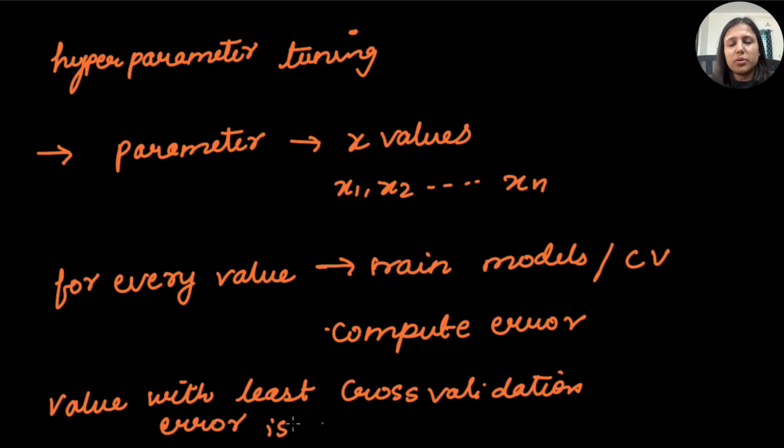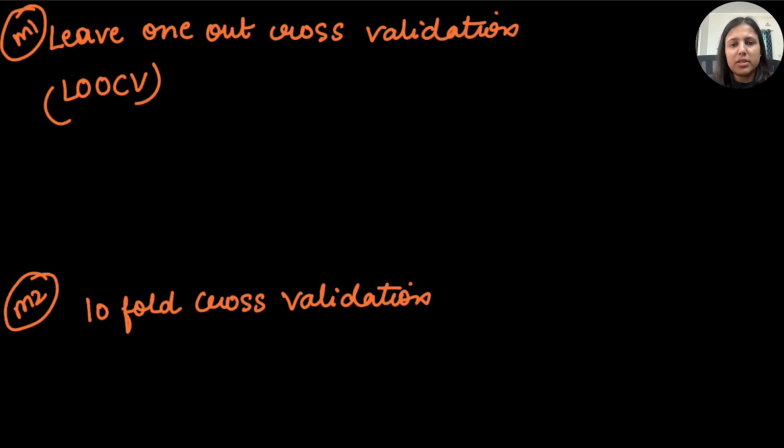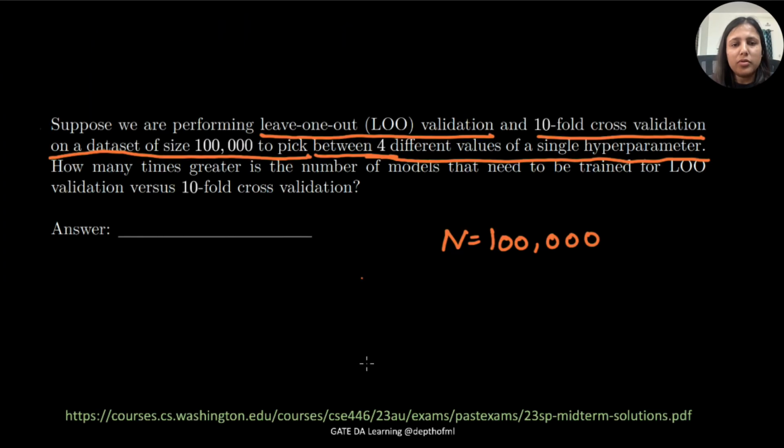So it's nothing but that for every parameter value you will be doing 1 round of cross validation. So let's come back here and see that they're saying they have 4 different values for the single hyperparameter. So basically you have to do cross validation 4 times, right?